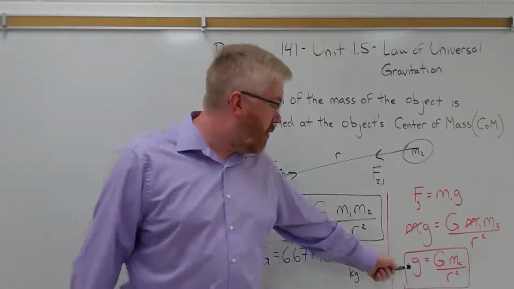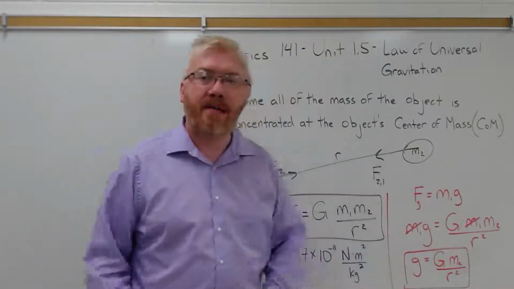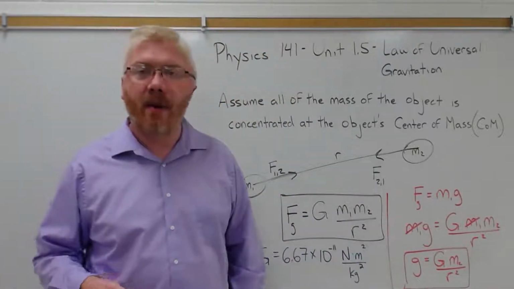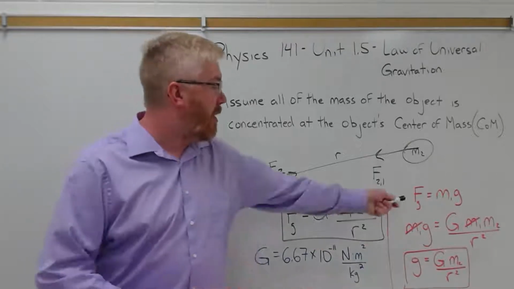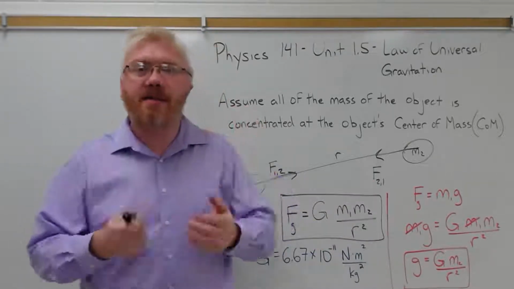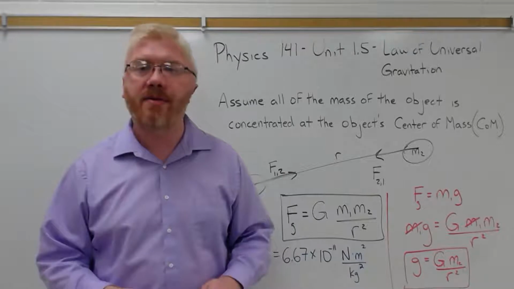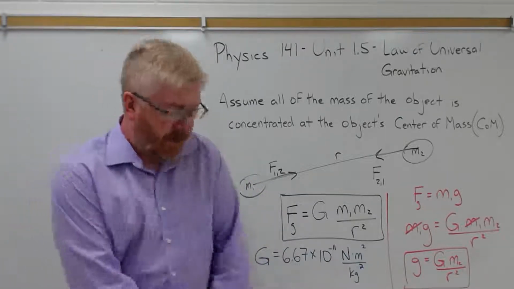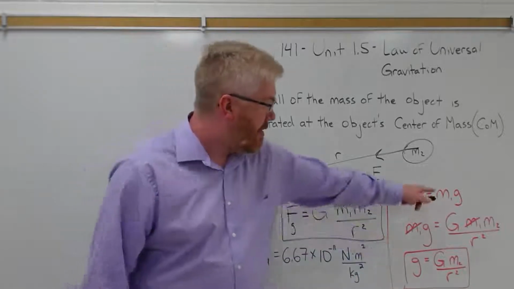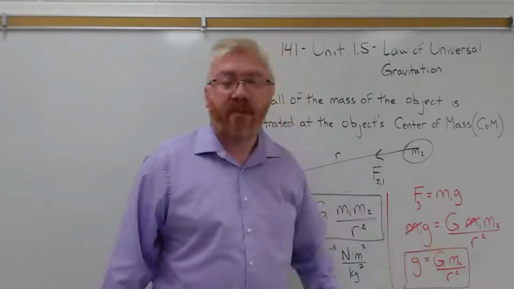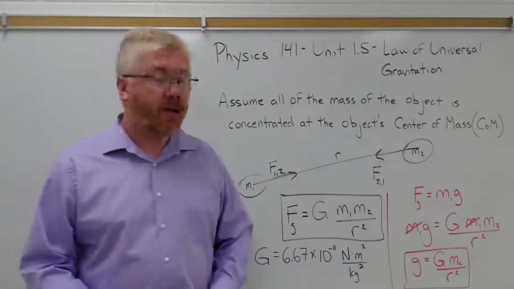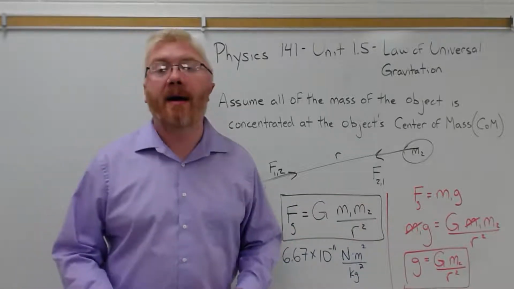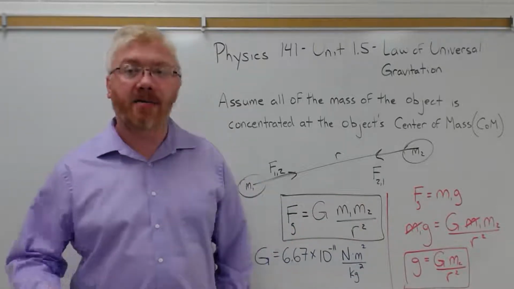So that's why everyone uses the same g, 9.80 meters per second squared, on the surface of the Earth when calculating the weight, because g is approximately constant over the surface of the Earth. On the space station, g is a different value. When you move to a different planet, the mass of the planet changes. So you can actually calculate what your weight would be on different planets, moons, asteroids, and so on.